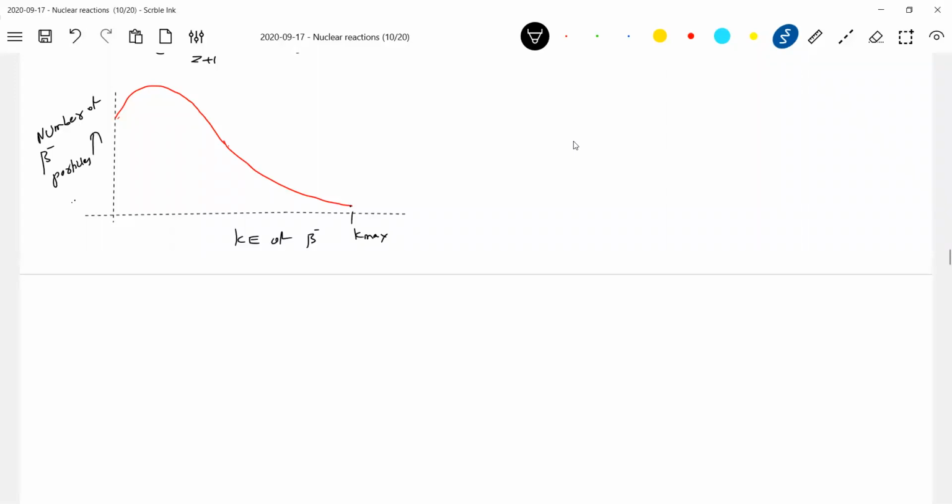All the emitted beta particles need not have that energy. Take an active beta minus decay sample, say around 10 grams. Definitely there will be millions of beta decay particles. When I measure, most of the beta particles will possess one energy, and that is not equal to K max here.